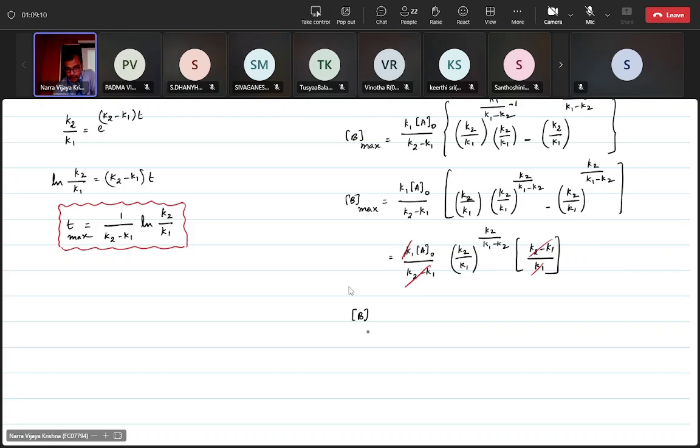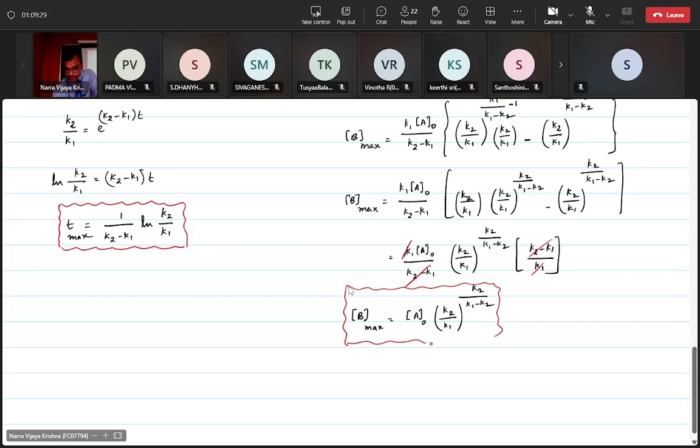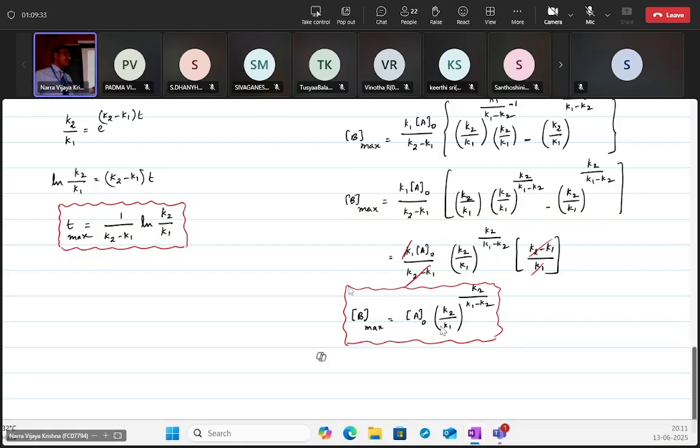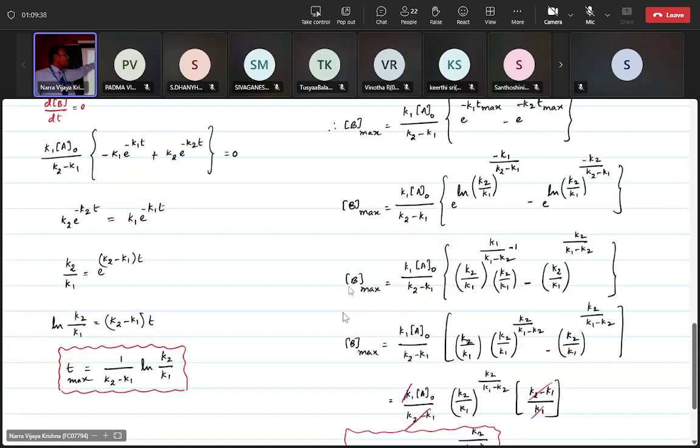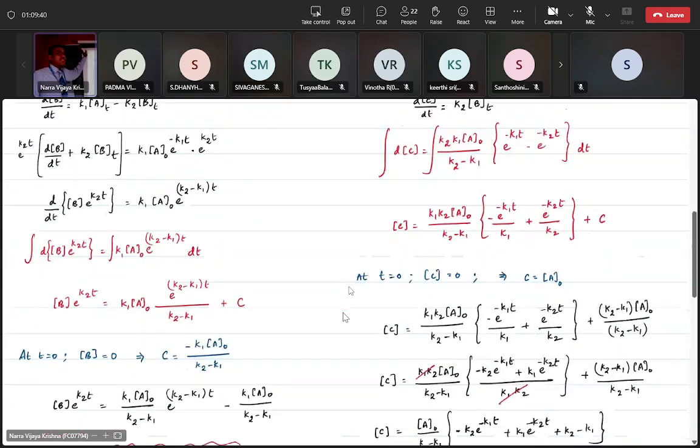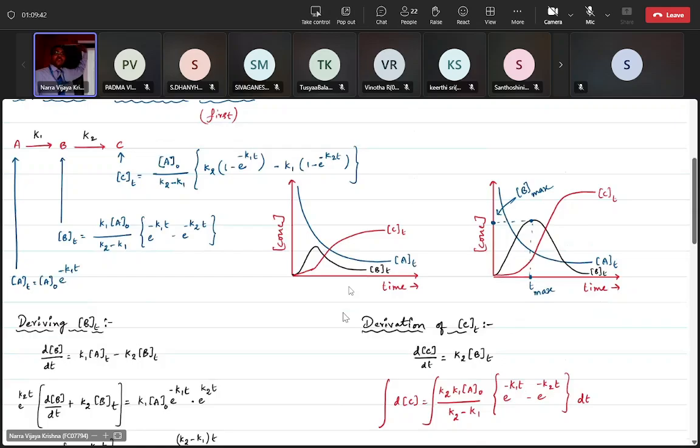B max equal to A naught into (K2 upon K1) whole power (K2 upon K1 minus K2). Right? So we are done with sequential or consecutive reactions.